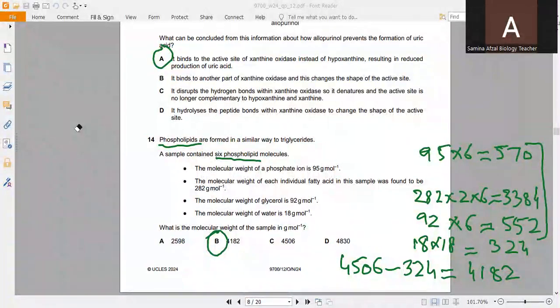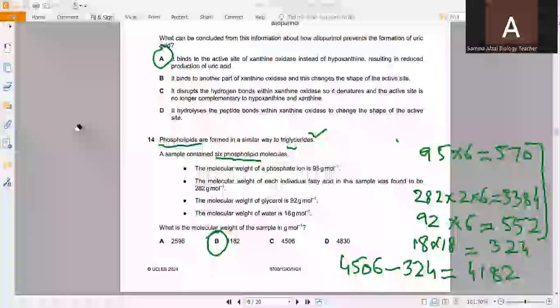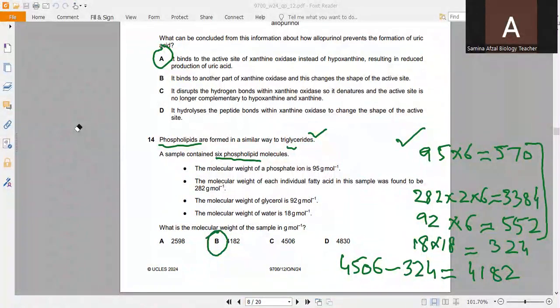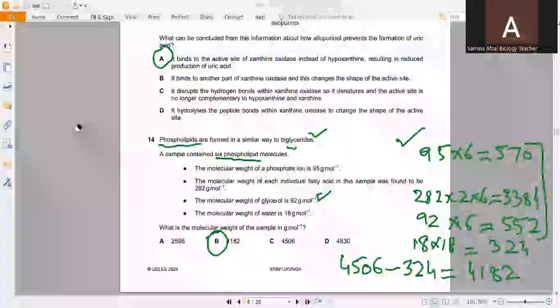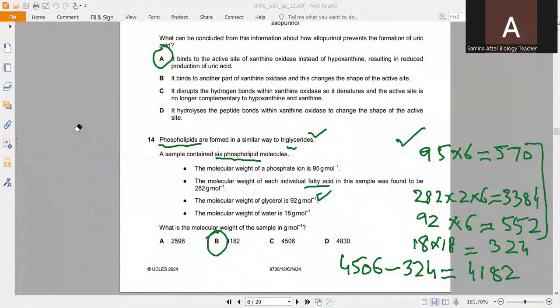I explain again. Phospholipids are similar to the triglycerides. The phospholipid molecule consists of one phosphate molecule and one glycerol molecule, and there are two fatty acid chains. There are 6 phospholipid molecules, so 95 will be multiplied by 6. 282 has 2 chains, so it will be multiplied by 6. Then 92 for 6 molecules gives 552.